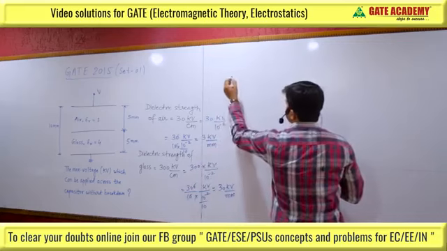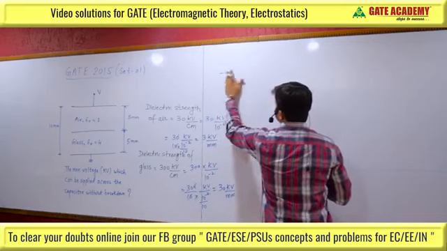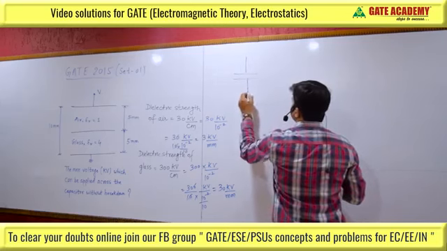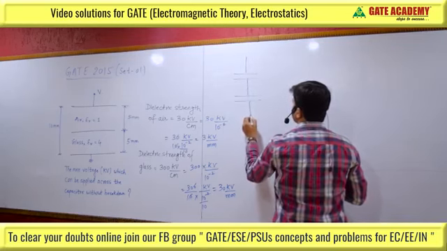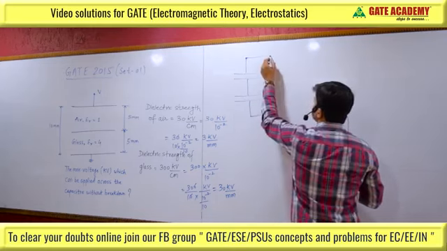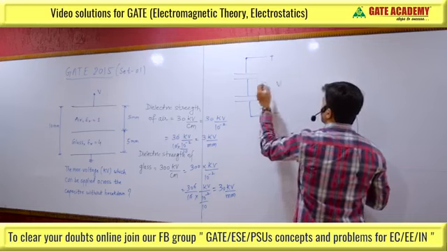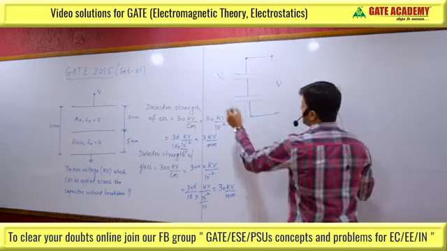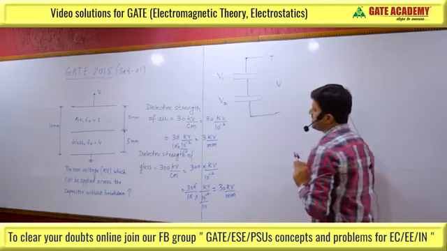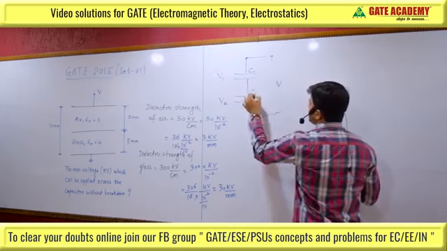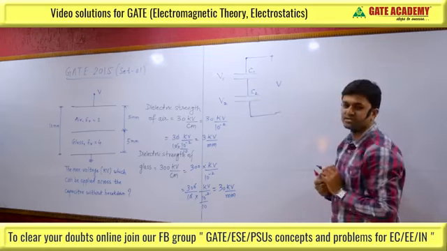So we can draw the equivalent circuit as follows. The total voltage here is V, the voltage drop across the first capacitor will be V1, and the voltage drop across the second capacitor will be V2, and this is capacitor C1 and this is capacitor C2.